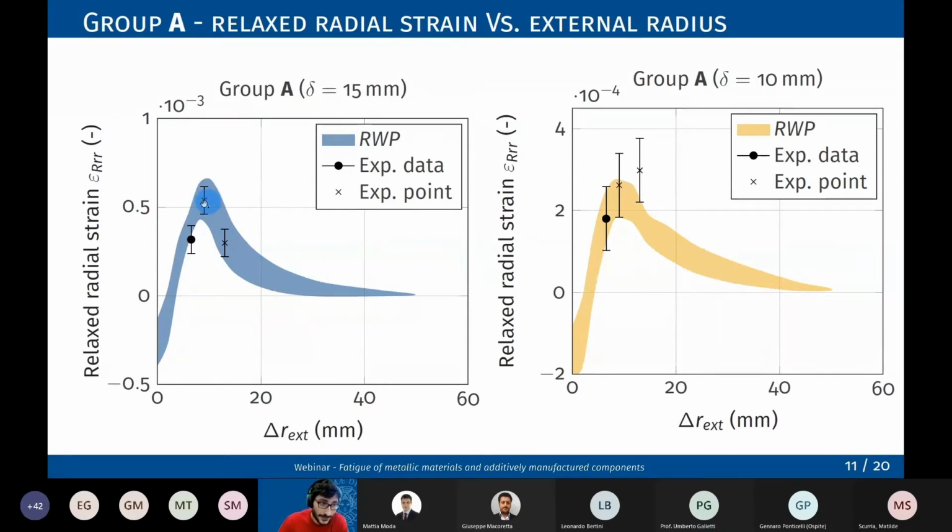I reported this experimental data with an X because for these 2 radial coordinates, we only had one measurement point. For this reason, we were not able to calculate a standard deviation, and we use this value as a mean value.